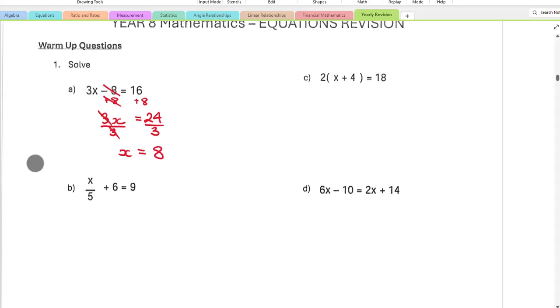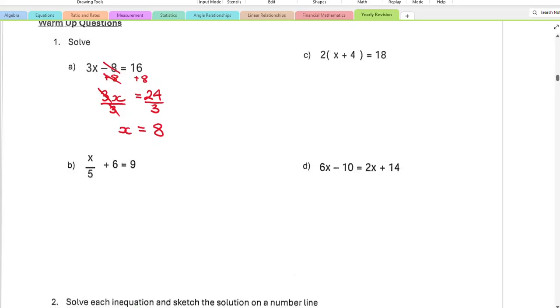Part B is also a two-step equation. So we have x is our pronumeral, which is divided by 5, and then we add 6. So the first thing I want to do is get rid of that 6. The opposite is going to be to subtract 6 to both sides, getting rid of that 6.